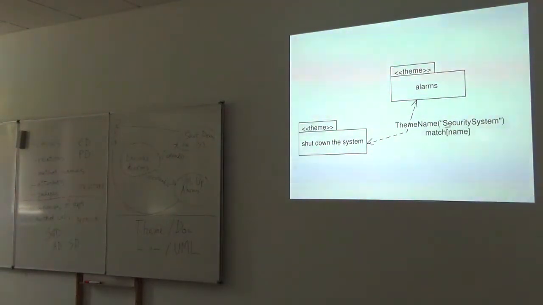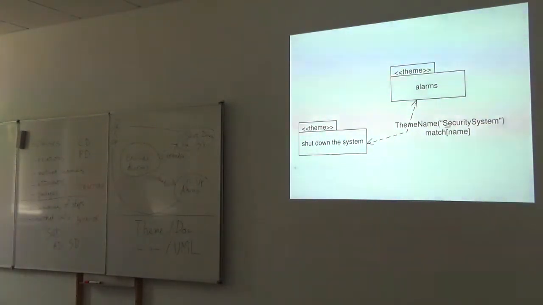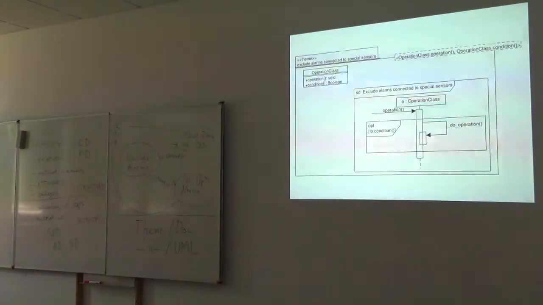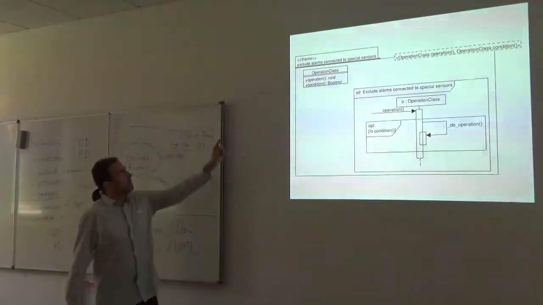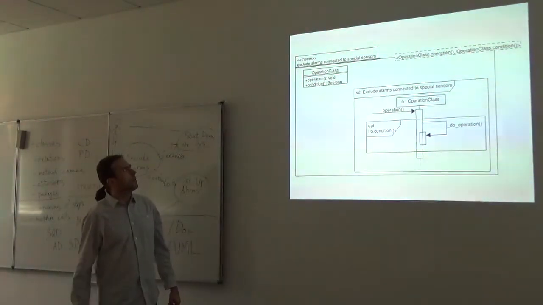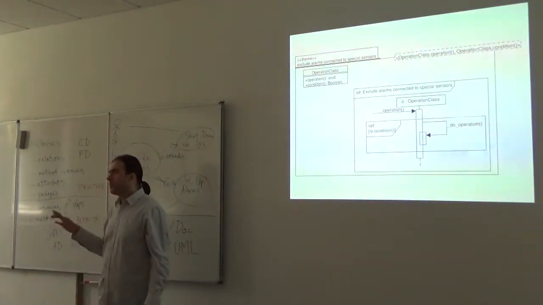If there is an alarm class in one theme, and in another, then we consider it to be the same, so their elements are composed. That's one way of dealing with things, but the theme that excludes alarms connected to special sensors is a little bit different.